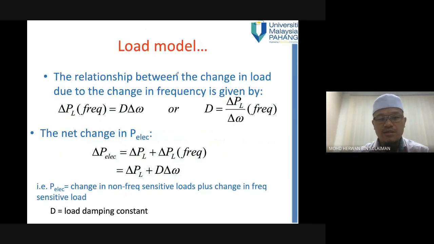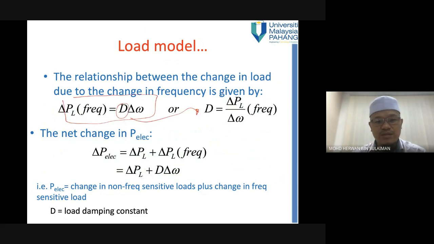Okay, and then the relationship between the change in load due to change in frequency is given by delta PL, frequency, equals D times delta omega. You can rearrange this equation to make D the subject. So you get D equals delta PL divided by delta omega.